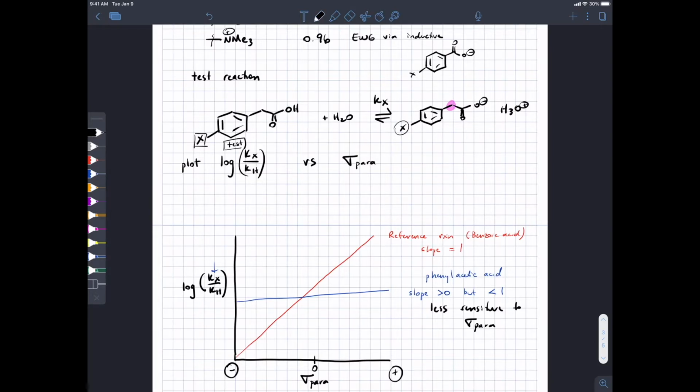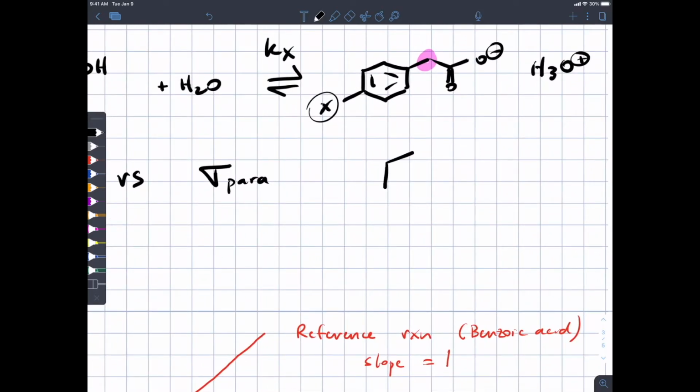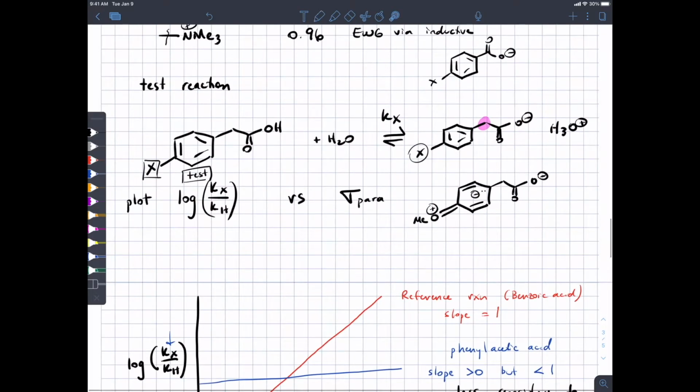Recall for the electron donating groups, we said the whole problem was that you could draw a resonance structure in which you donated extra electron density to the ring, and then you could put that directly by the carboxylic acid. And that was the case for the benzoic acid. And here it's still there, but it's not as close.